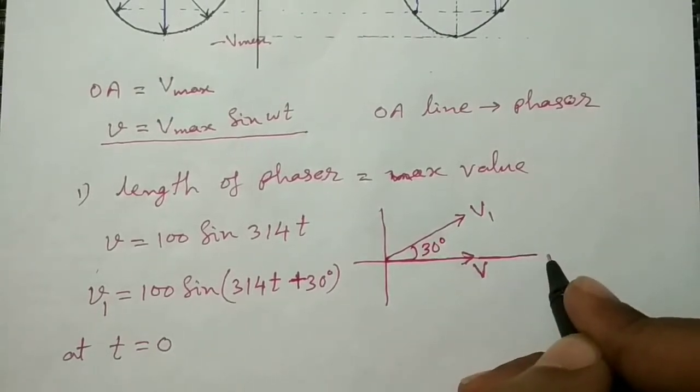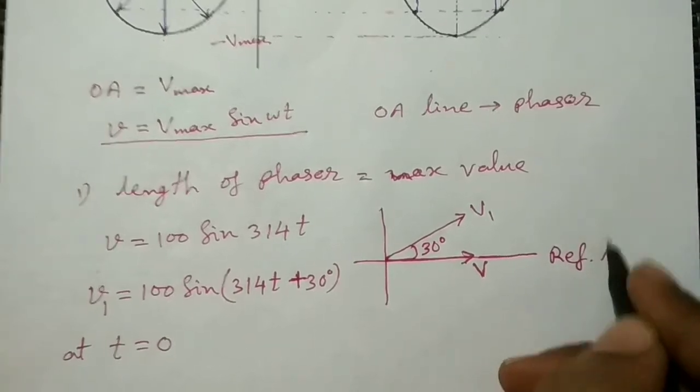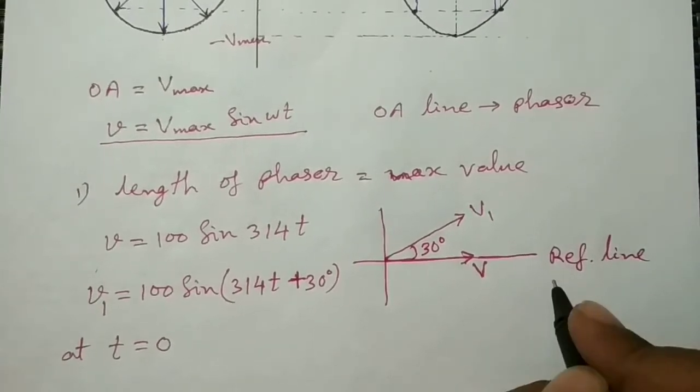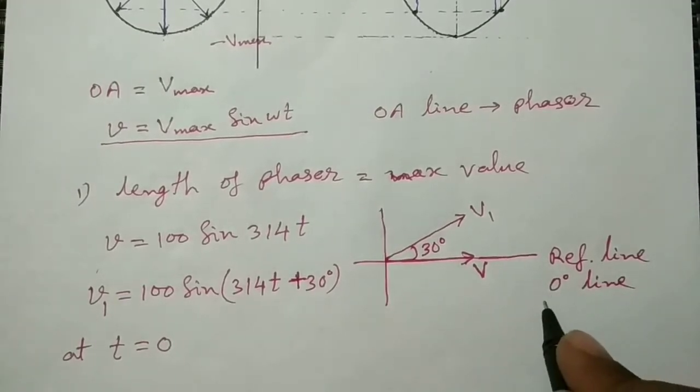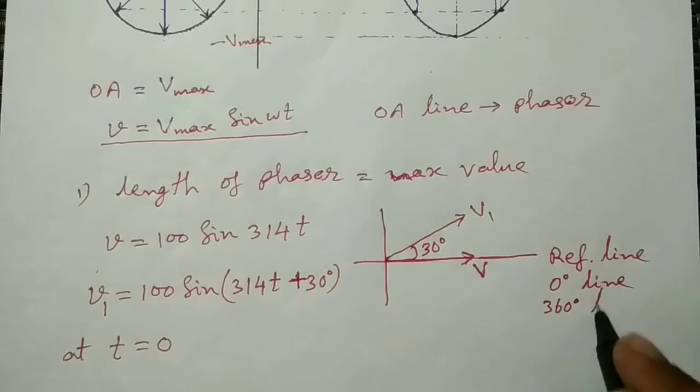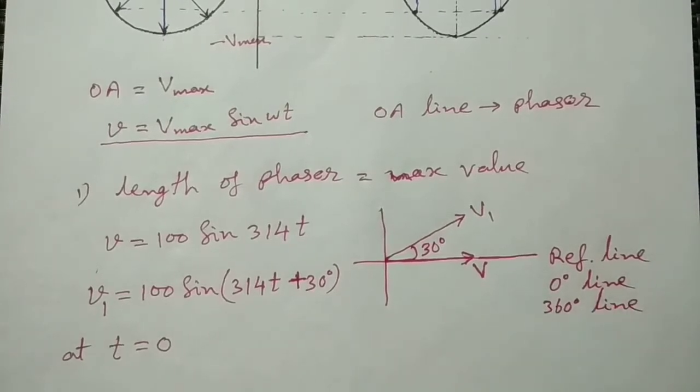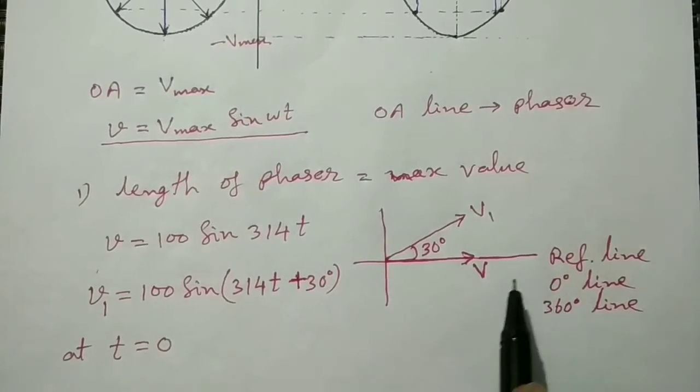Remember, this is the reference line. It is also considered as 0 degree line, or we can say 360 degree line also. For AC parameter, the phasor is always drawn with respect to this reference line.